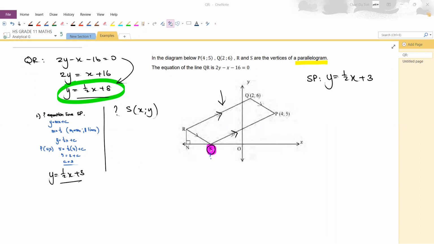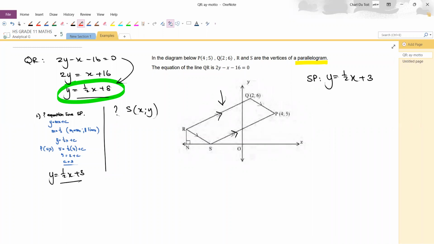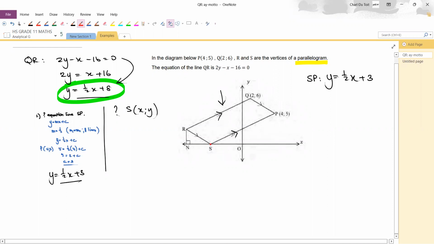How do I get the x-intercept of any graph? Okay, if you want the x-intercept, you make y 0. If you want the y-intercept, you make x 0.